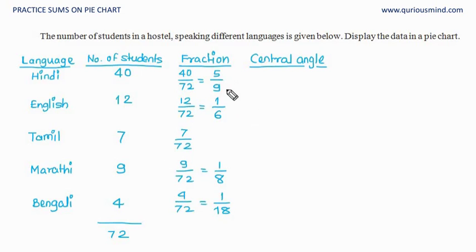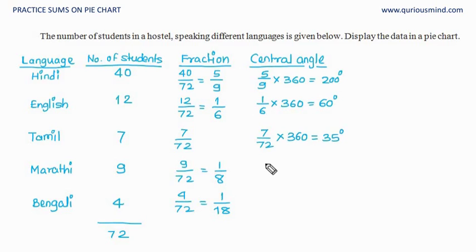Now we will multiply this fraction by 360 to get the central angle. So we got the central angle, and now it is time to draw the circle and the pie graph.